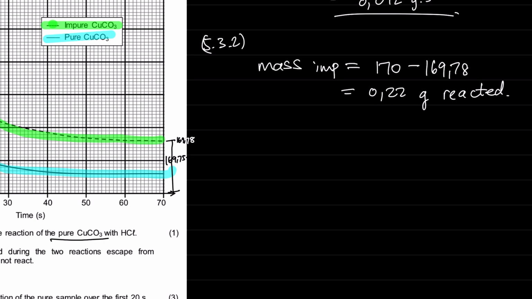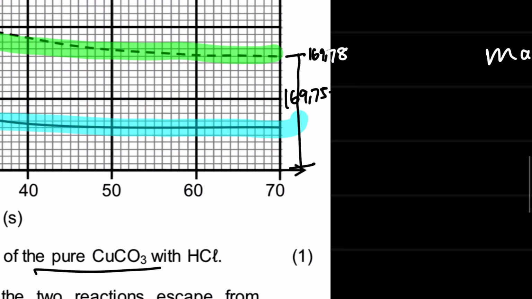Remember, that's going to be the pure mass. Even though it says impure, the amount that reacted is going to be pure. So this is the reacted, so this is actually the pure value. Now we can work out the mass from the pure graph. That's going to be 170 minus, now we're looking at this blue one, we're going to figure out what this is.